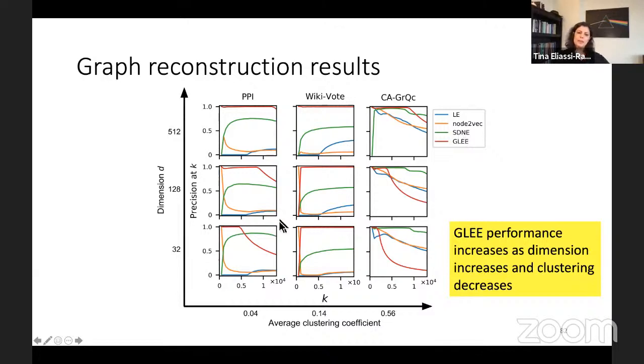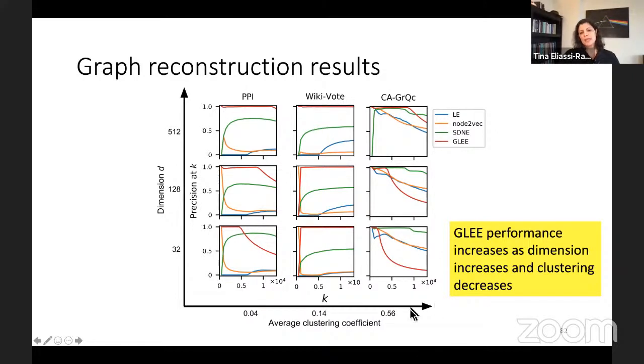And one of the things that we see here is, if you look at when I don't have a lot of triangles, then GLEE, which is the red line, is beating the other lines. The y-axis here is precision at k, that is how many of the edges at, for example, top 0.5 times 10 to the 4 that I get.